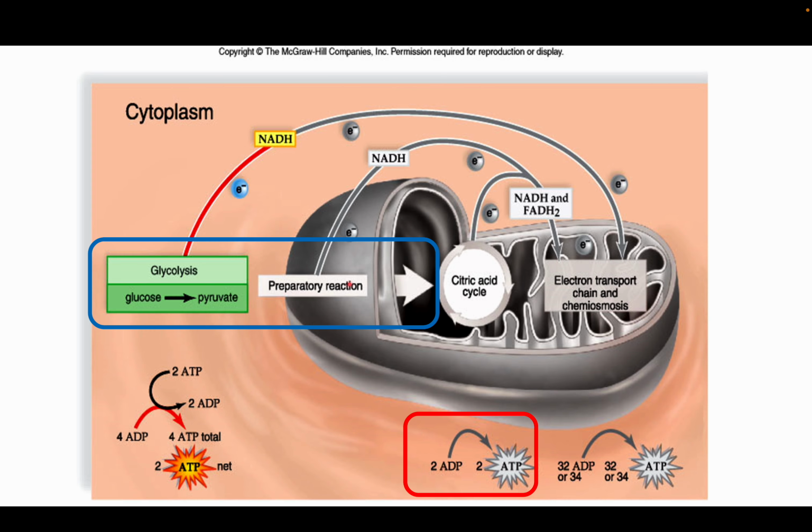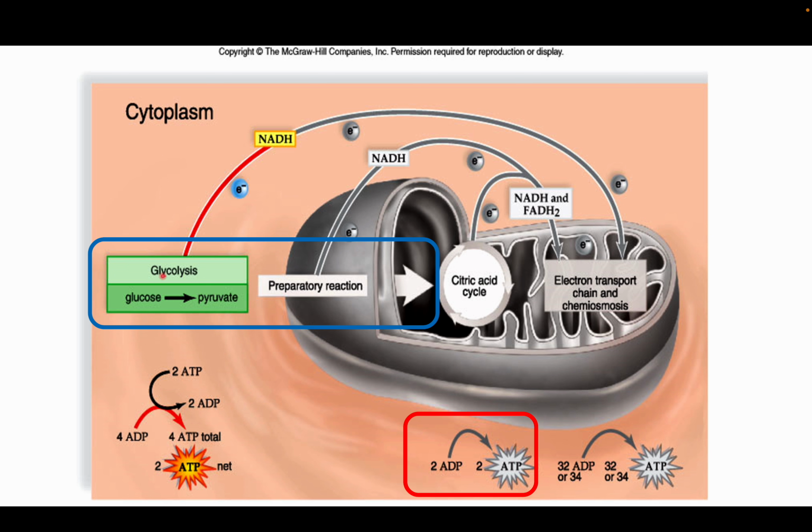Okay, let's take a look at an illustration of some of the key concepts that I have discussed so far. So as I mentioned, glycolysis happens in the cytoplasm of the cell. Here you can see the part of the figure that is emphasized with the blue rectangle.